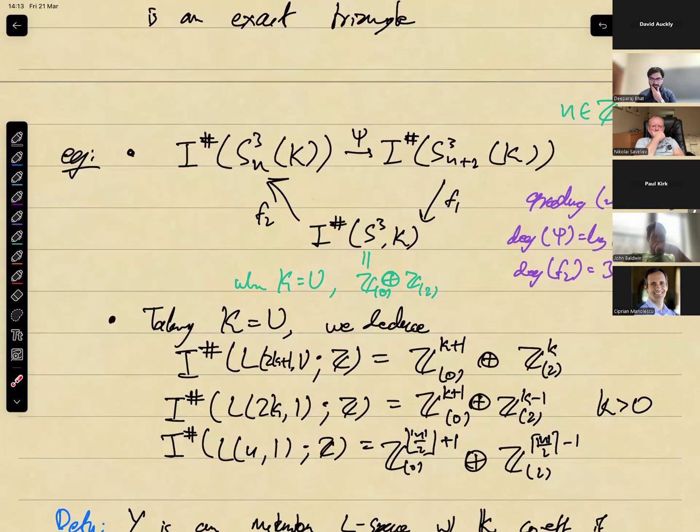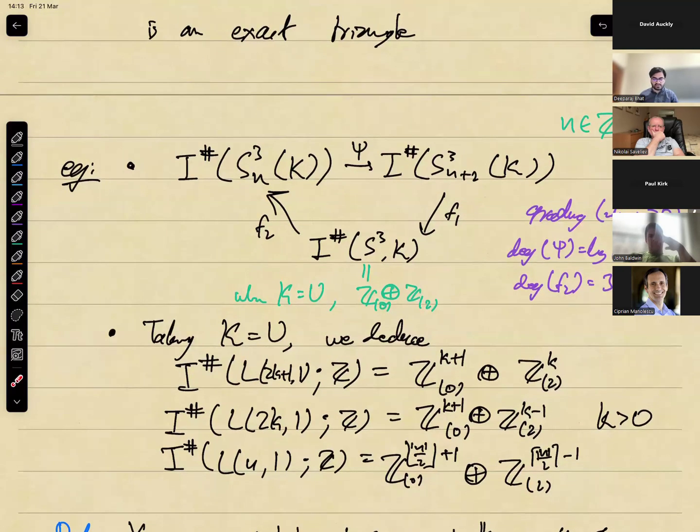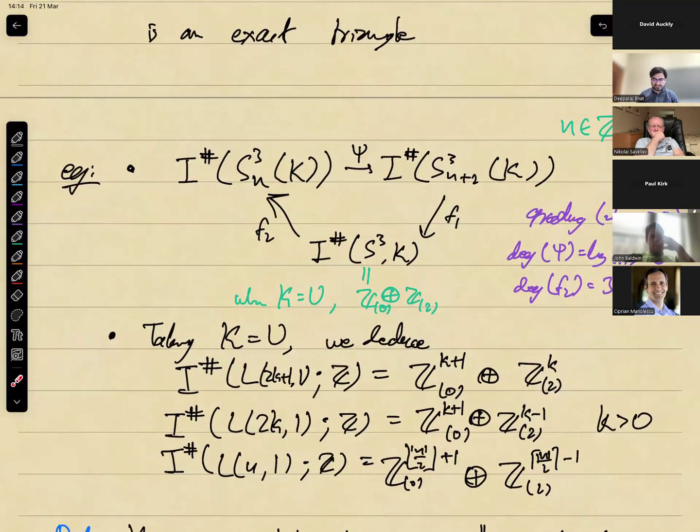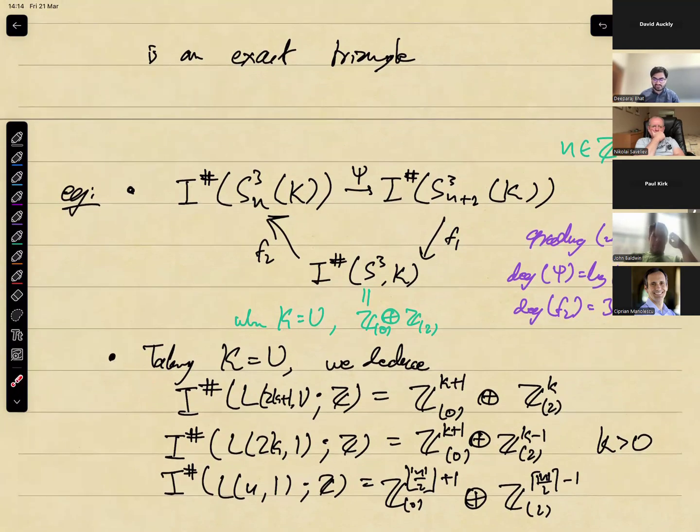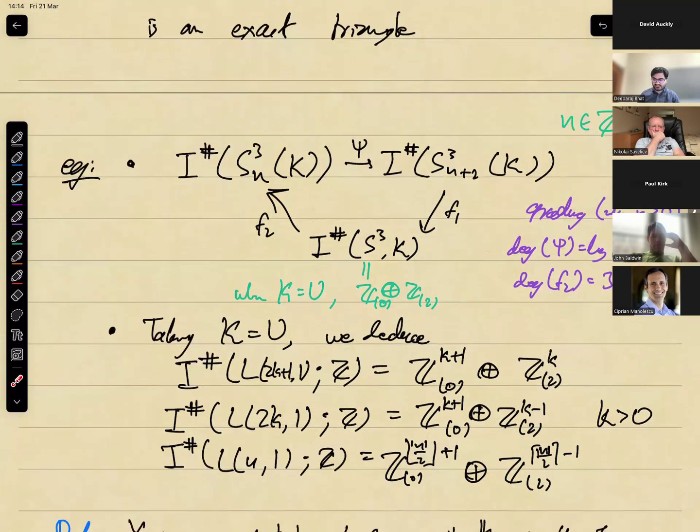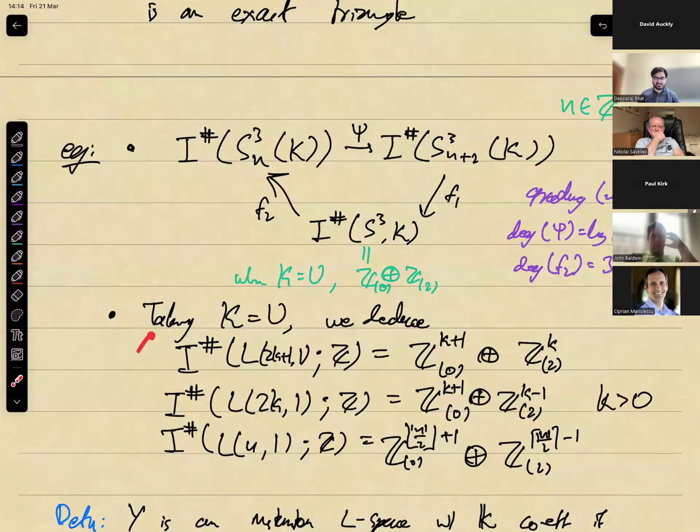I want to clarify that these computations themselves are not new, but what is new is that once you do this one computation, which is much simpler, then you can already get all of this. Whereas in the earlier proofs of this result in the literature, you had to do a much more complicated index computation to see how many there are in the degree 0 and the degree 2 part, mod 4.